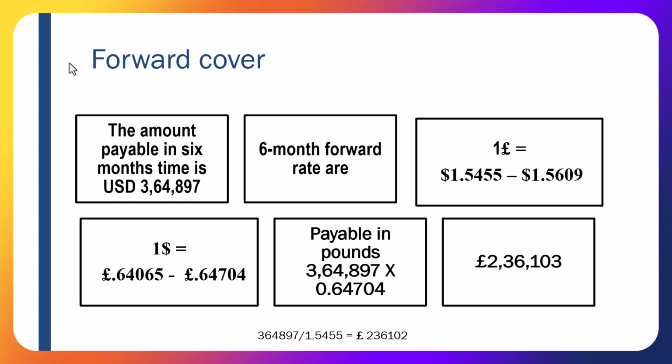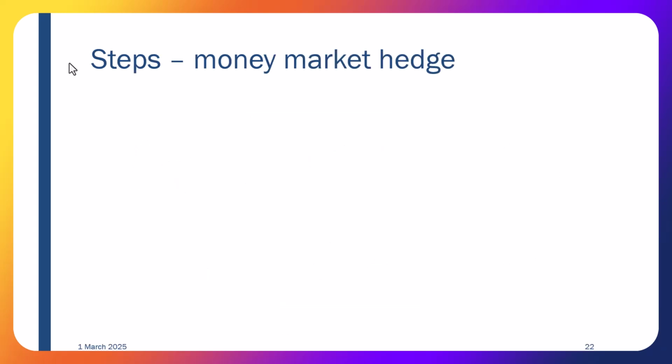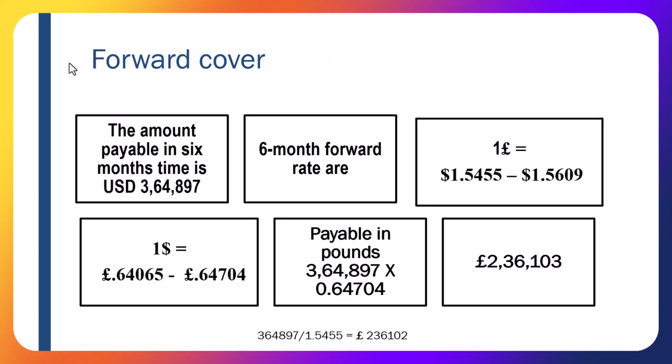So remember, most of the time when we are importers, it is the ask. Most of the questions are on imports, but for some questions on exports, use the bid rate. Okay, so now we have got 2,36,103 rupees.